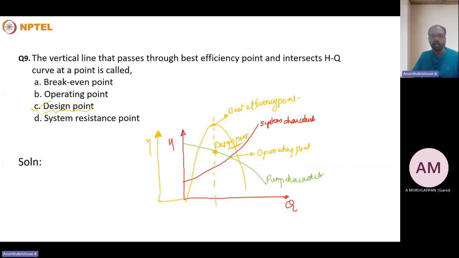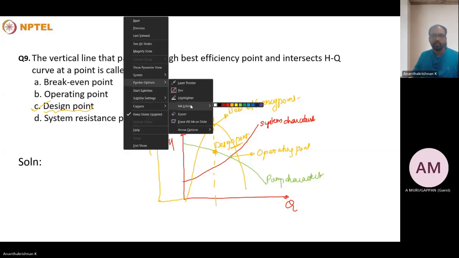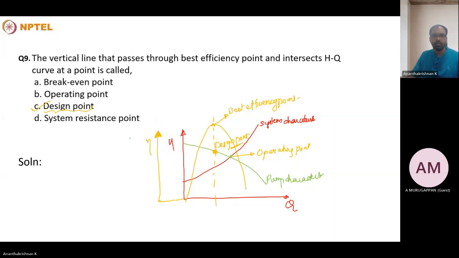So this is the explanation, and there is another variation of power versus Q. The power developed by the pump actually increases with respect to the discharge.